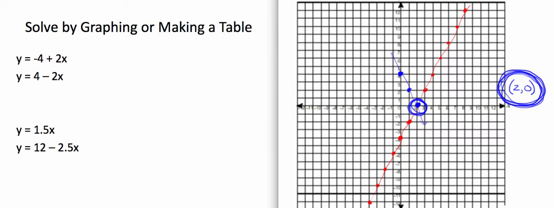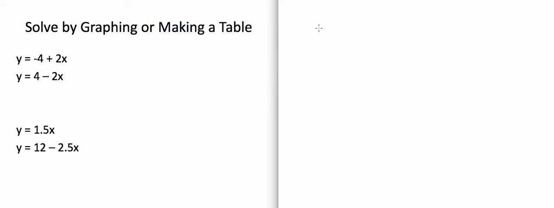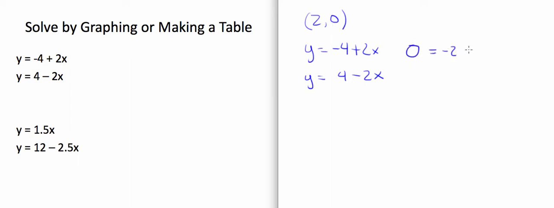If we put 2 comma 0 in for our values into y equals -4 plus 2x and y equals 4 minus 2x, let's check. In the first, 0 goes in for y, and we have 0 equals -4 plus 2 times 2, so 0 equals -4 plus 4, so 0 equals 0, which is a true statement.